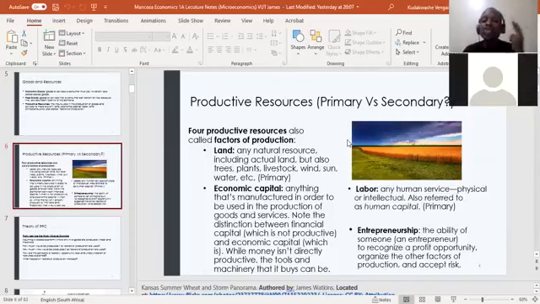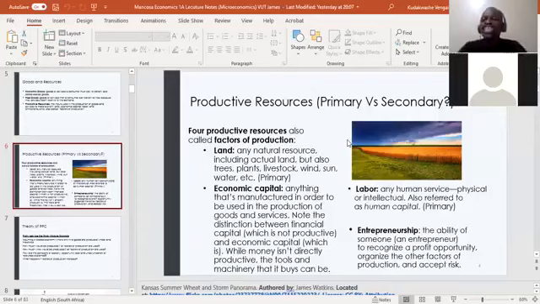In addition to land and labor, there is also economic capital and entrepreneurship. Economic capital refers to anything that is manufactured in order to assist within our production process. Remember, we said inputs, production process, and outputs. The production process needs something that is going to assist it to happen.